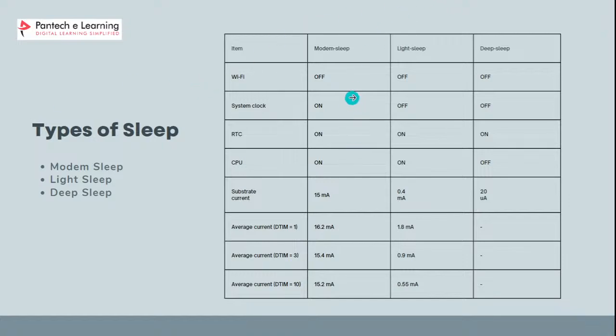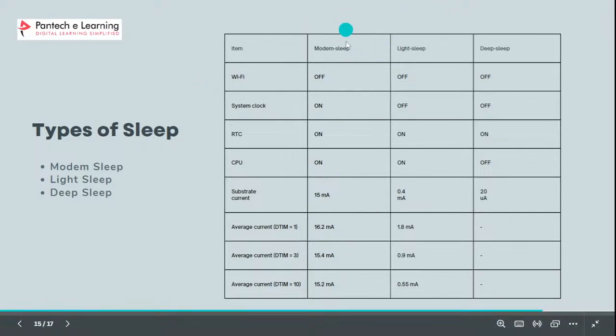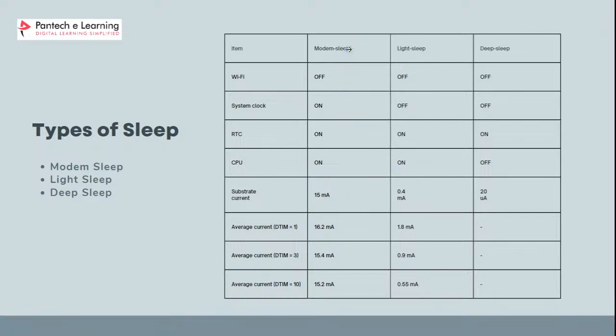Coming to modem sleep, in this mode the Wi-Fi modem is turned off while the CPU, the system clock and the RTC remain on. This mode allows the microcontroller to wake up quickly and connect to the Wi-Fi network when needed.